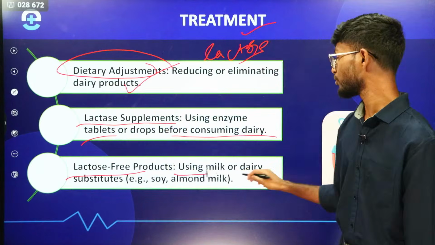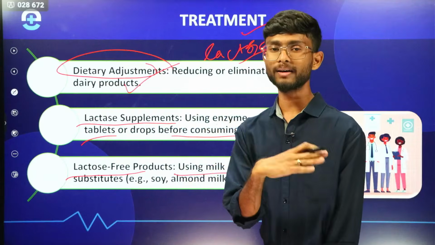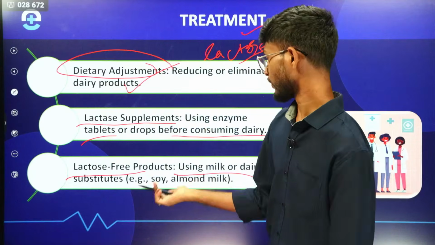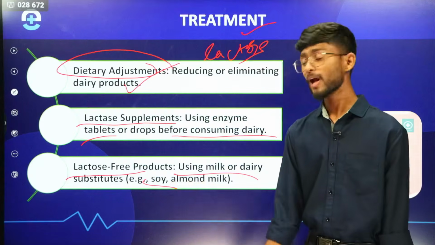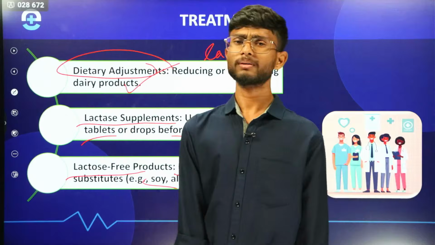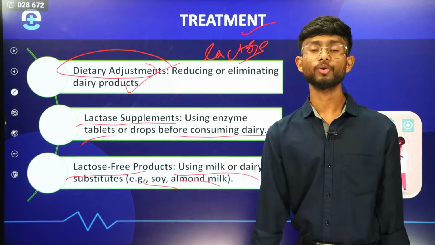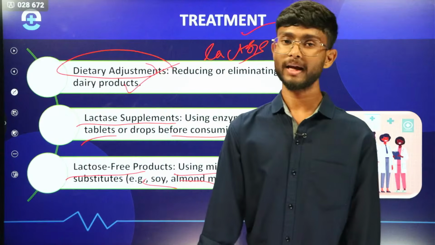You can also use milk or dairy substitutes. There are some alternatives that you can use, for example soya milk and almond milk. You can consume these things and also manage lactose intolerance.